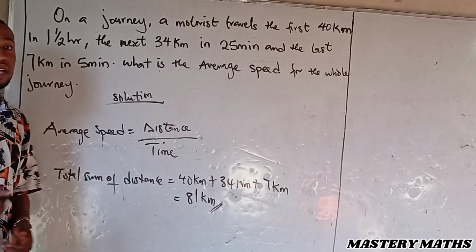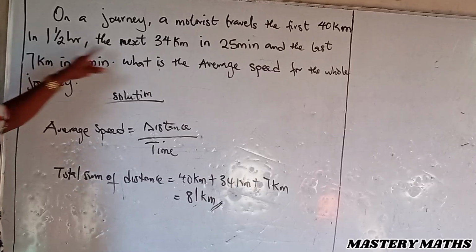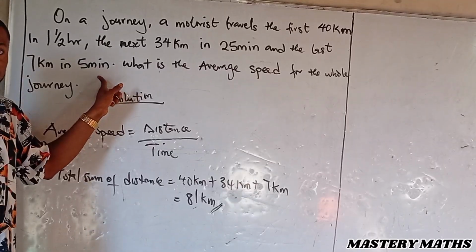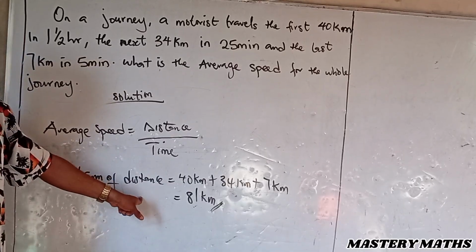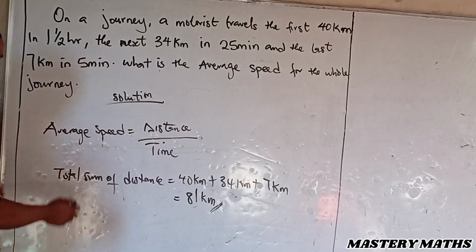We have different times there. The first time is 1.5 hours, the second is 25 minutes, and the third is 5 minutes. What should we do? The same thing we did to the distance, we do to the time. We sum all the times to have one time.